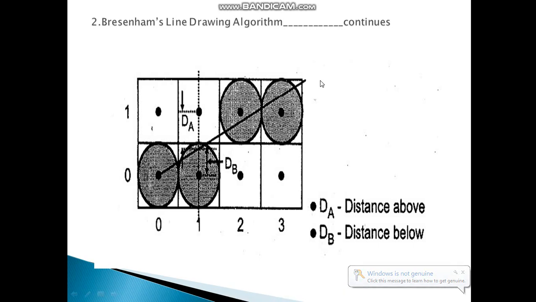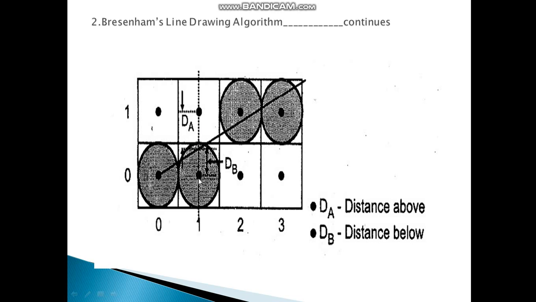So in Bresenham's line algorithm, we have to calculate the least distance from the true line, meaning we have to find the nearest pixel to the true line. Pixel A is above the true line and pixel B is below the true line.